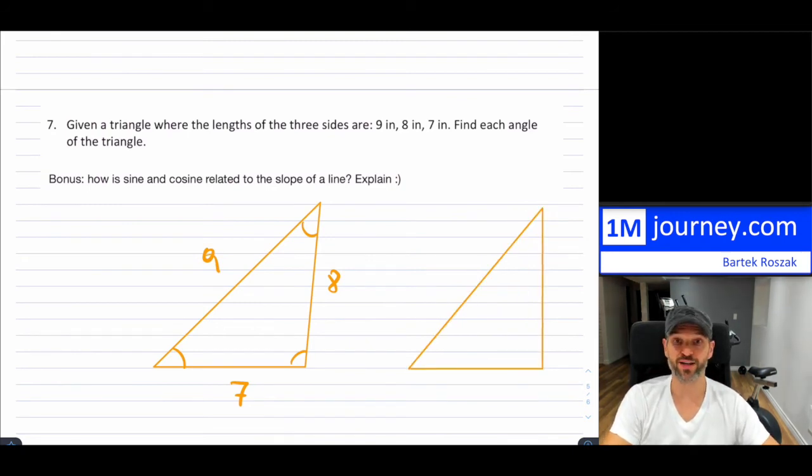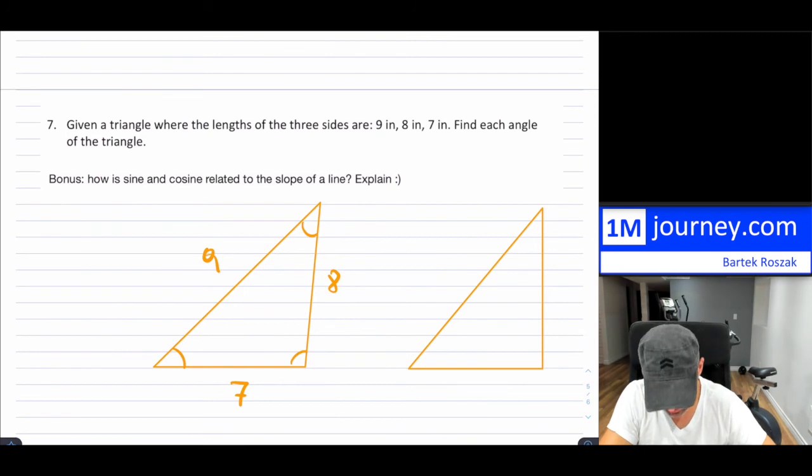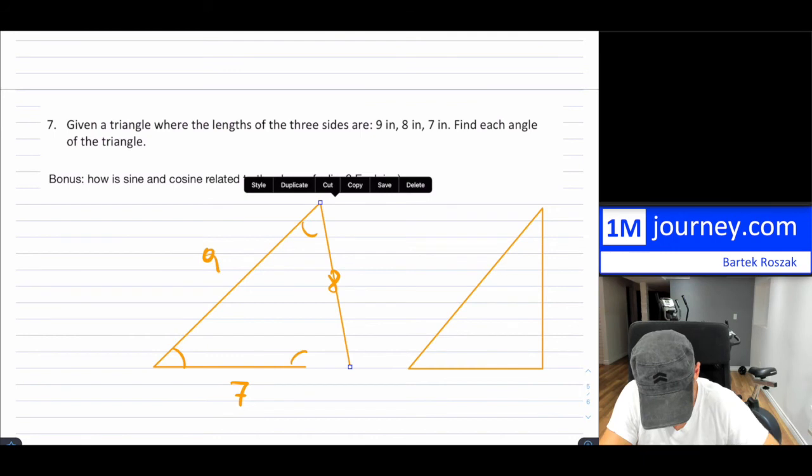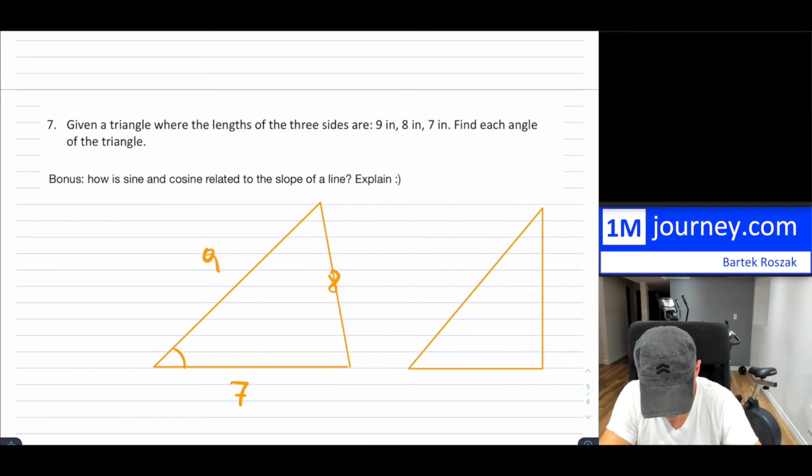It looks like it's going to be some acute triangle, because 9, 8, and 7 inches would force you to structure the triangle as acute. The way I drew it was actually kind of incorrect, so let me correct this. It is not going to be more than 90 degrees, so it's some acute triangle.